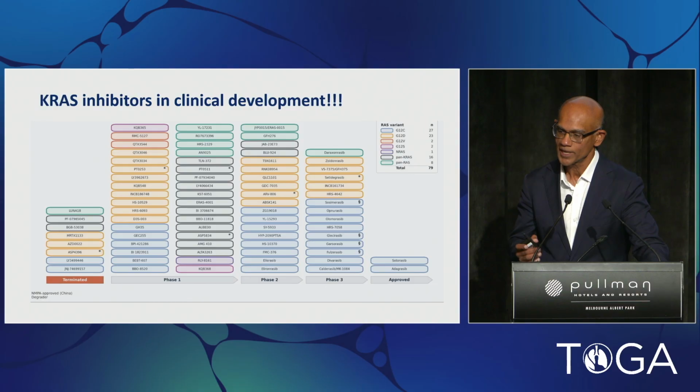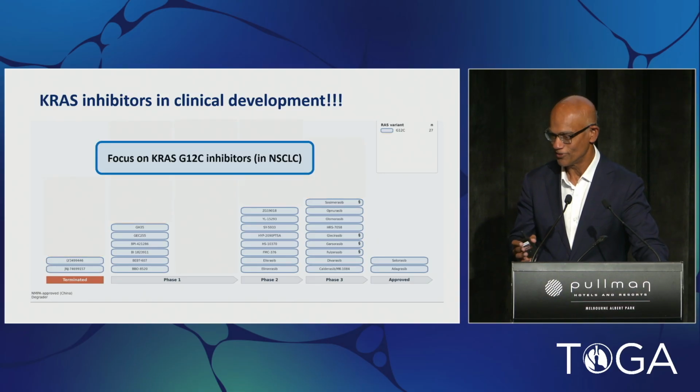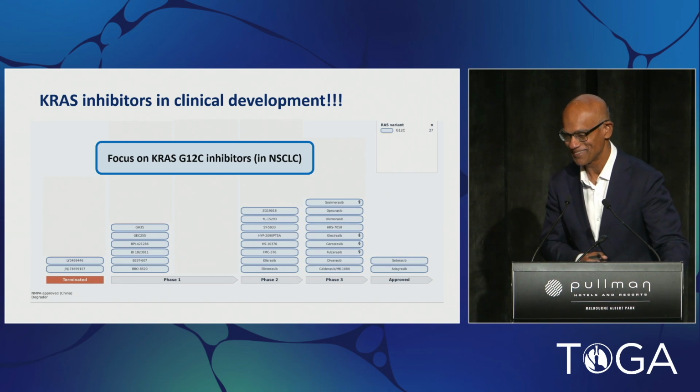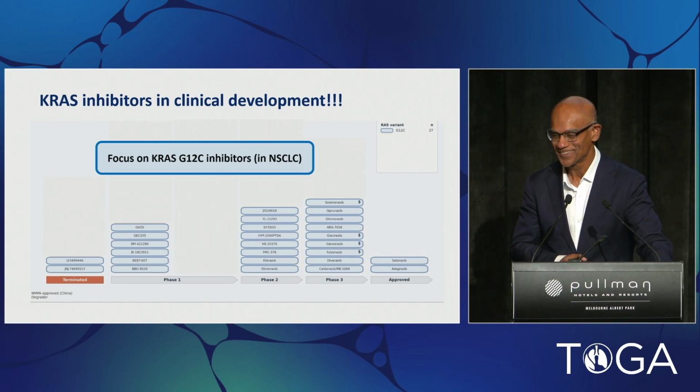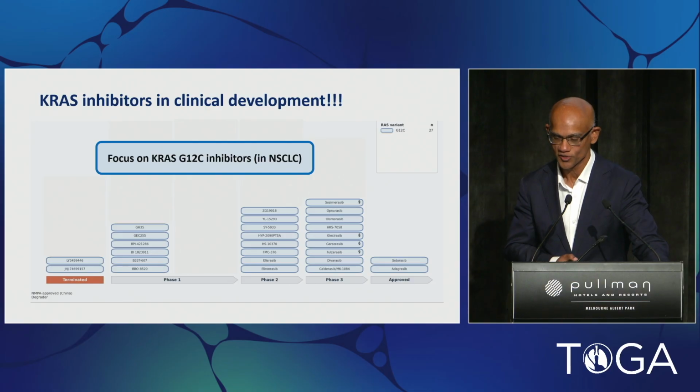But following shortly after are the G12D inhibitors, which are the yellow block, and the pan-RAS inhibitors. We're now seeing G12V inhibitors. So things really are changing. I think Mel, as chair, will be pleased to know that I'll be focusing on a small subset of these, the G12C inhibitors in non-small cell lung cancer.